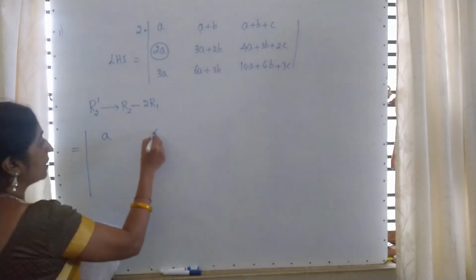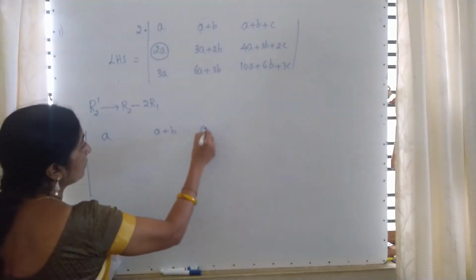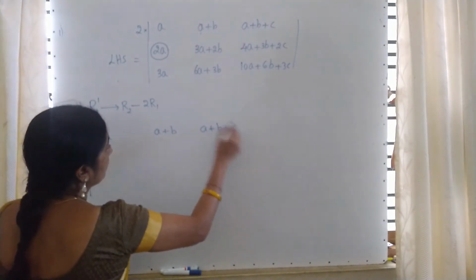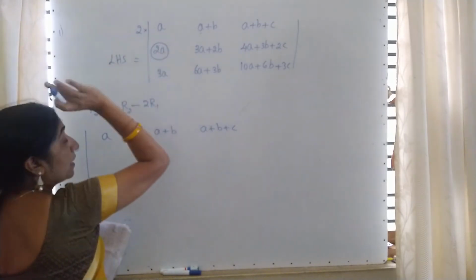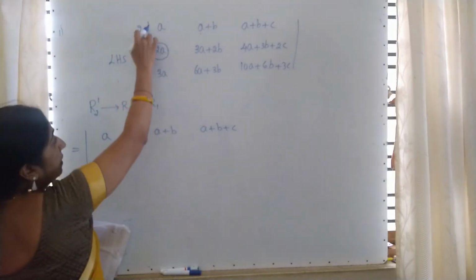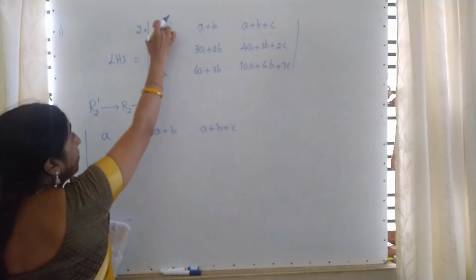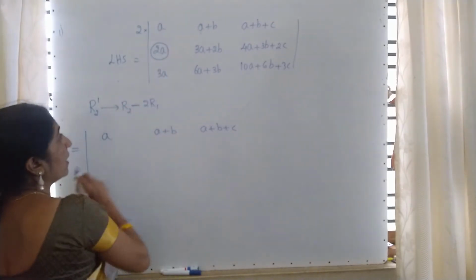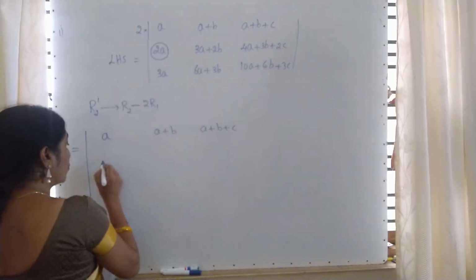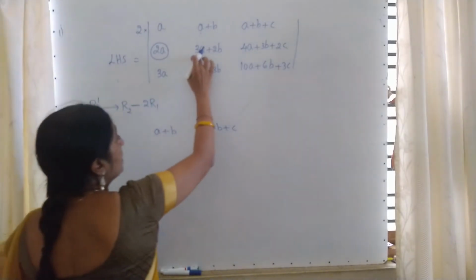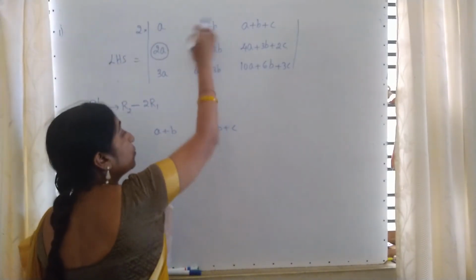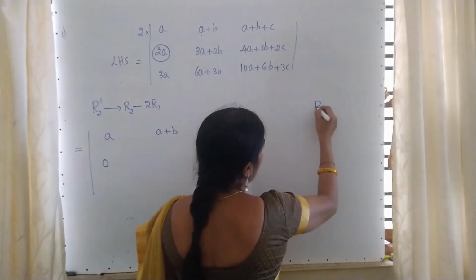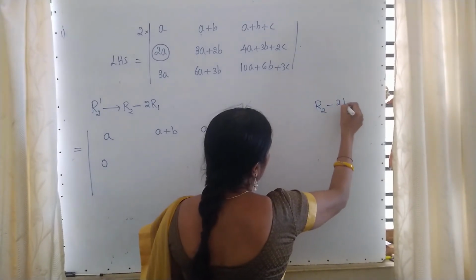First row as it is. Then 2A, as I told you, by pencil, 2A minus 2A is 0. Next, this element minus 2 into this element. This operation is R2 minus 2 into R1.